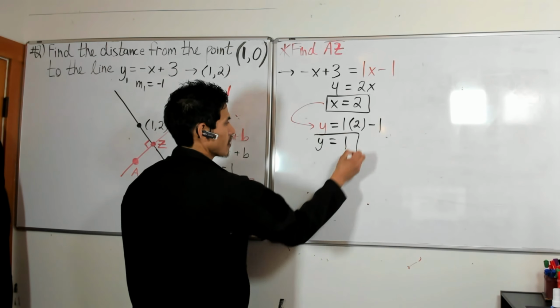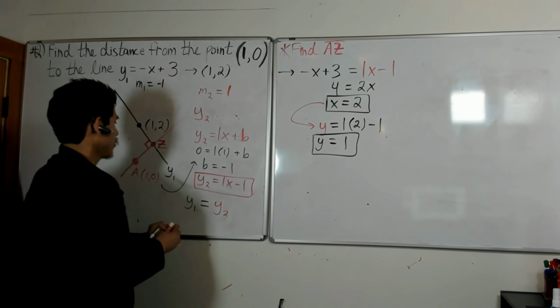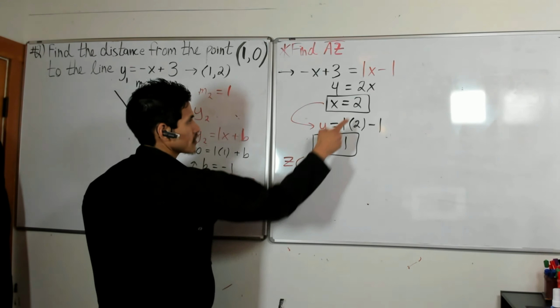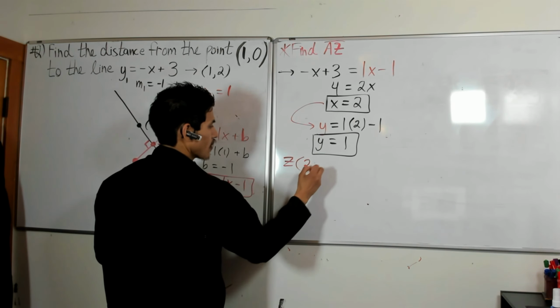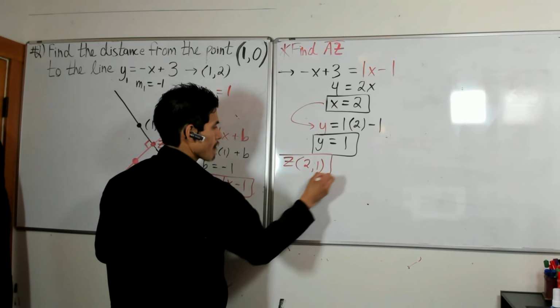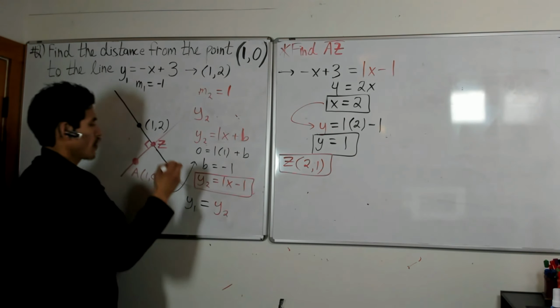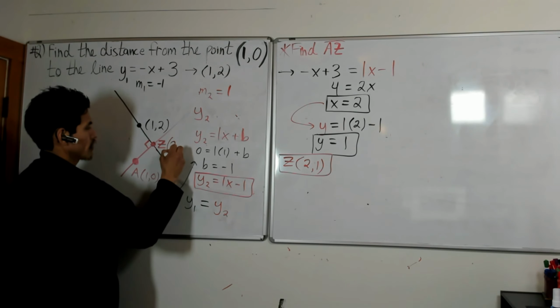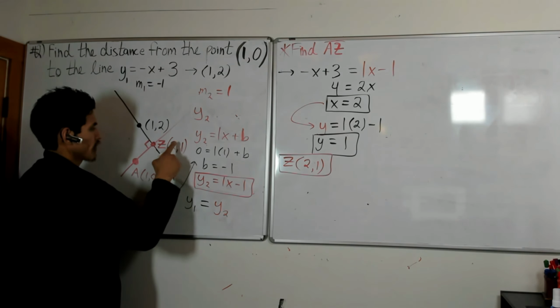Y is just 1. Point Z is then at the coordinates (2, 1). Probably could have guessed that, but we don't guess in math.